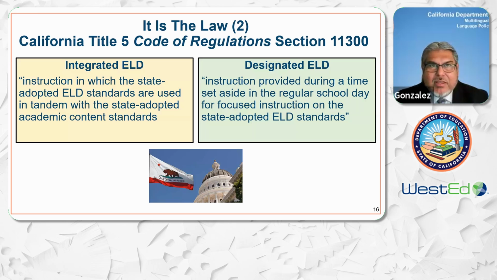Designated ELD is instruction provided during a time set aside in the regular school day for focused instruction on the state-adopted ELD standards to assist EL students to develop critical English language skills necessary for academic content learning in English. And we will post in the chat a link to the California Title 5 Code of Regulations, Section 11300.